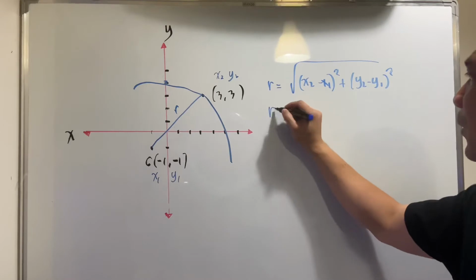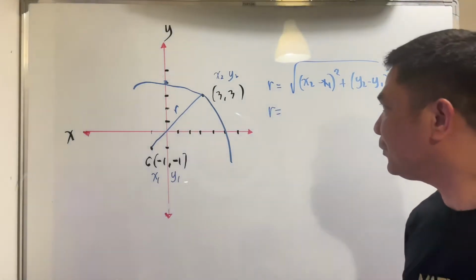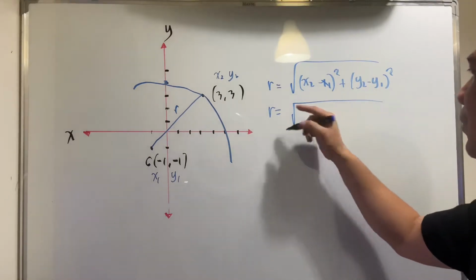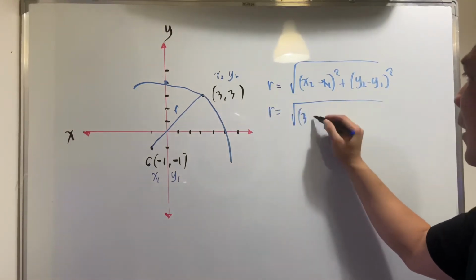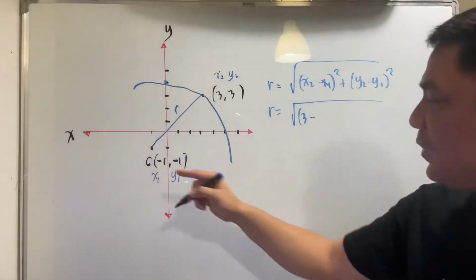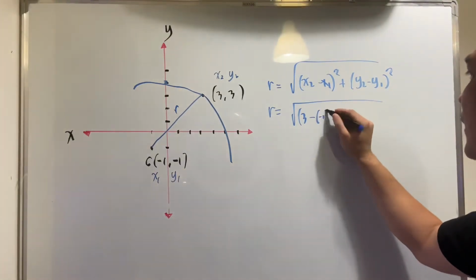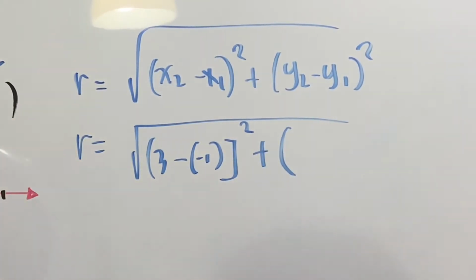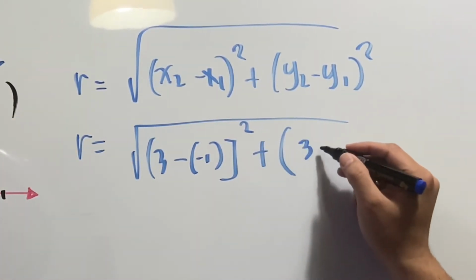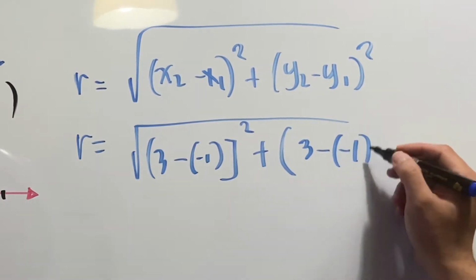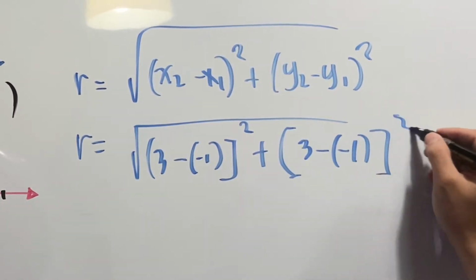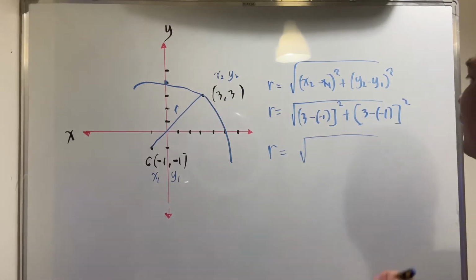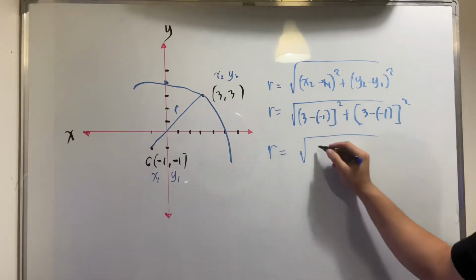So therefore, the radius of the circle is now 3 minus 1, squared, plus, again, 3 minus 1, squared. So R is equal to, so you have this 4 squared, that is 16.